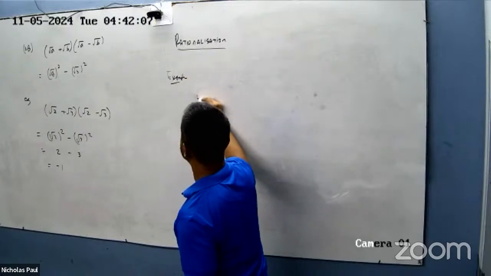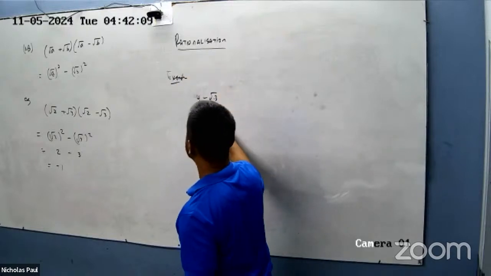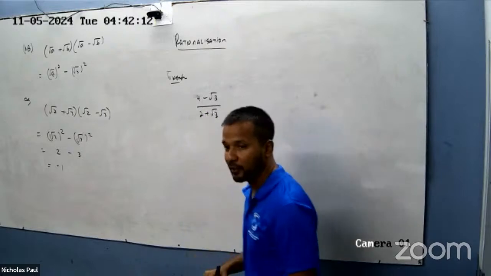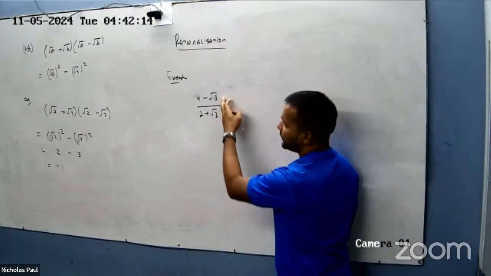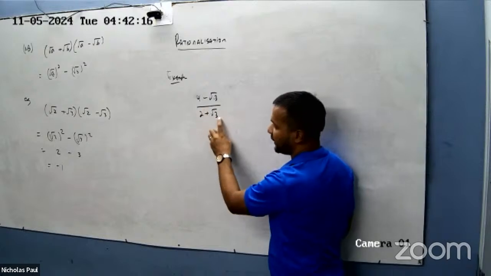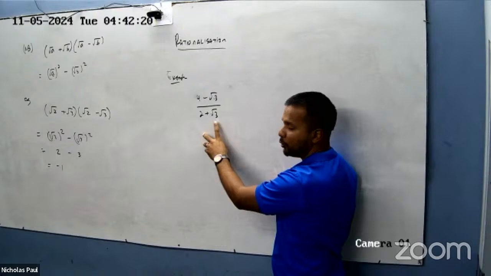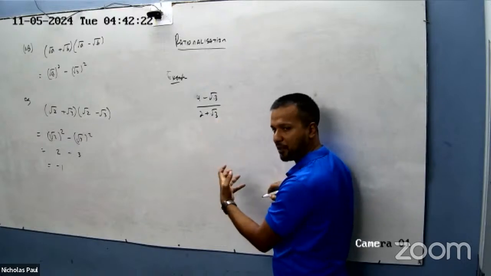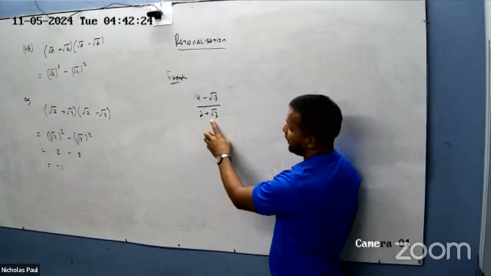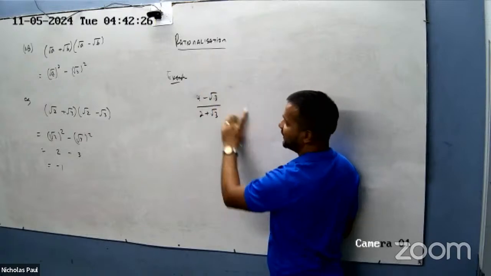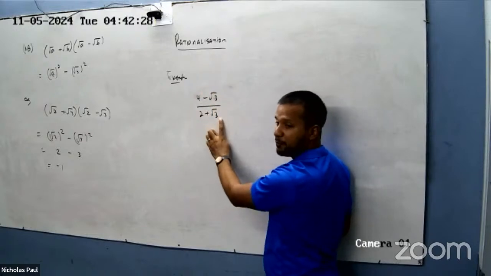If I give you something like this, 4 minus root 3 over 2 plus root 3. Although it's a fraction, there's something irrational here. There's a surd underneath here. We don't want that. We don't want to work with this surd because it makes it more difficult for us to work with. So we have to find a way to rationalize it, remove this surd basically.